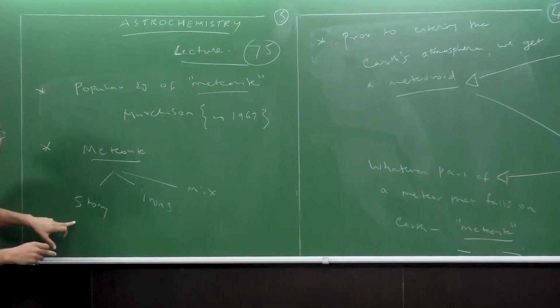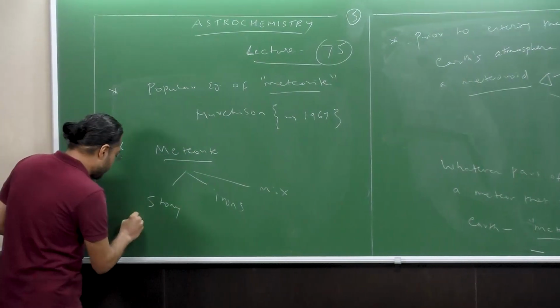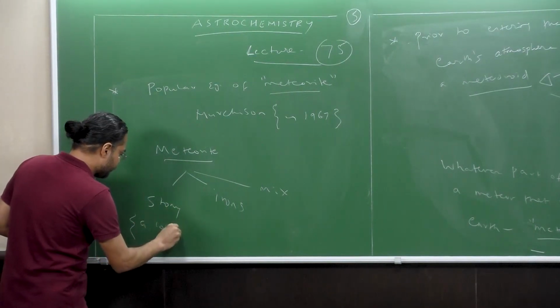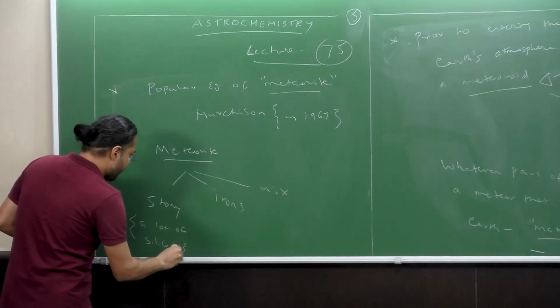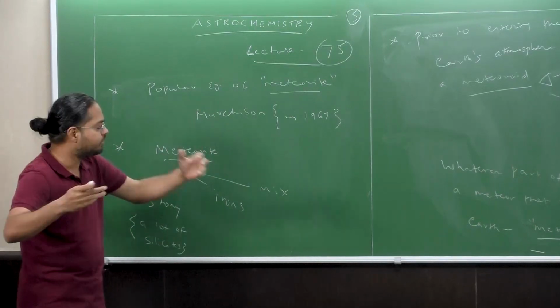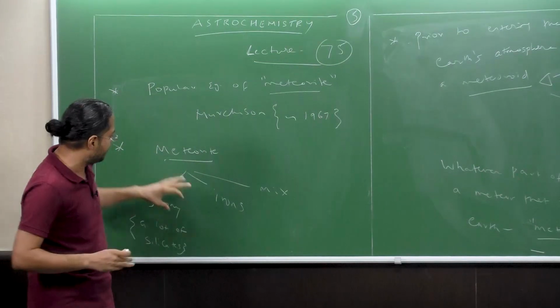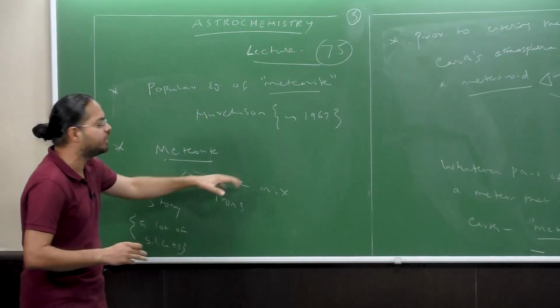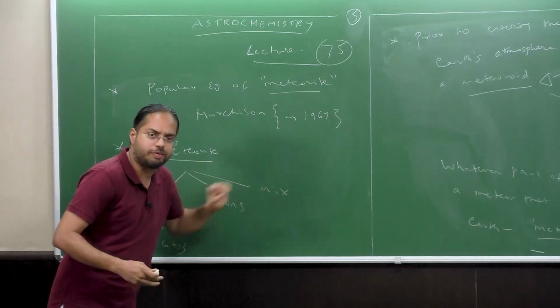In the stony meteorite, the rock material is predominantly silicates. By the way, this is a broad classification. In fact, meteorite taxonomy, the classification of meteorites, is a very active area with people creating many more classes. We are just interested in a broad classification, so for our purpose, this should suffice.